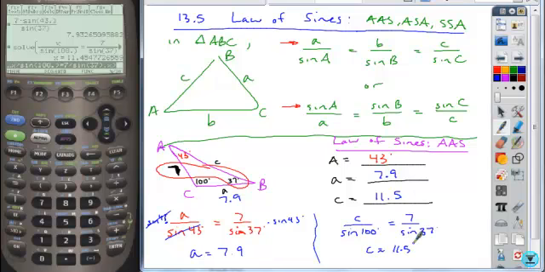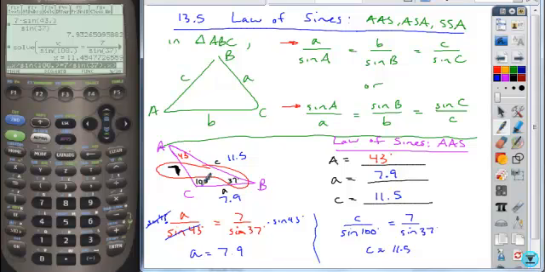Now the last thing that you can do is use a couple properties from geometry to test the consistency of this. One of the things you should vaguely recall from geometry is that in any given triangle, the longer side is opposite the larger angle, and the shorter the side, the smaller the angle opposite it. So is that consistent here? Is our longest side opposite the greatest angle? Yeah.